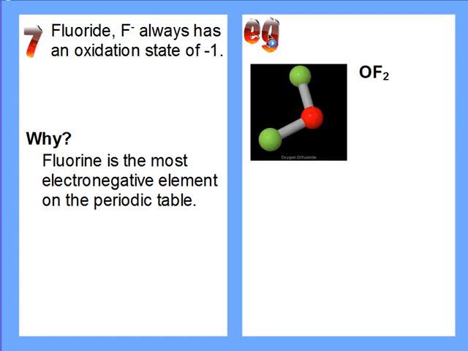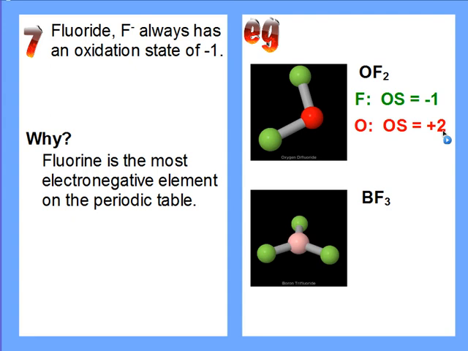So for example, in our oxygen difluoride, which we've already looked at before, we've got fluorine again, which has an oxidation state of -1. So each of those fluorine atoms has an oxidation state of -1. And that means oxygen, to give us an electrically neutral compound, must have an oxidation state of +2.